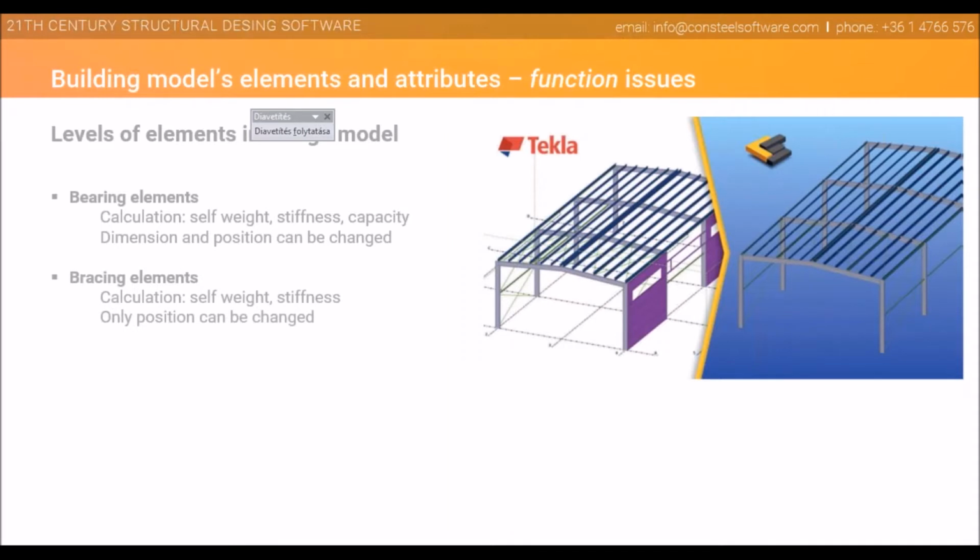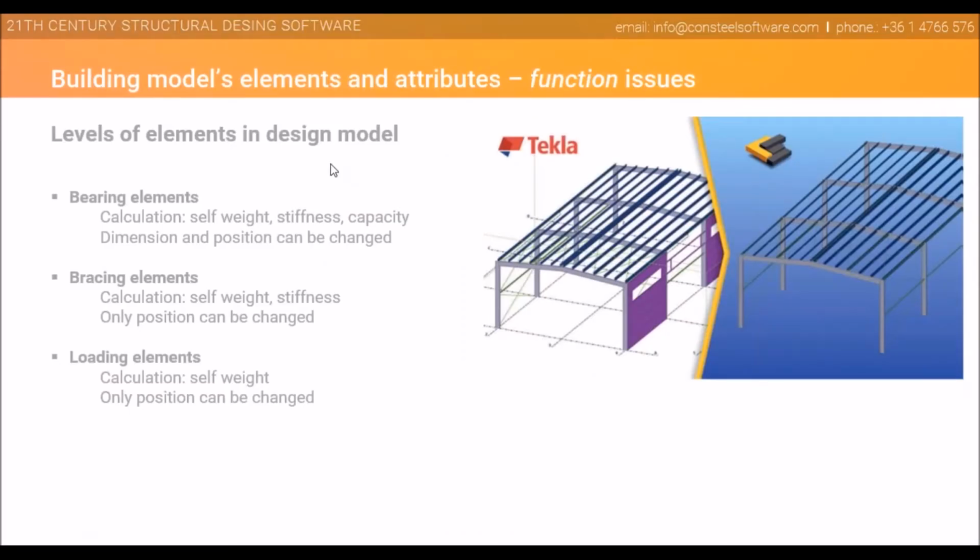Bracing elements are those which are actually not part of the designed structure, but they have a mechanical effect, and we would like to take them into account in the structural analysis. In this case, just the stiffness of these elements is included in the calculation. Only the position can be changed.